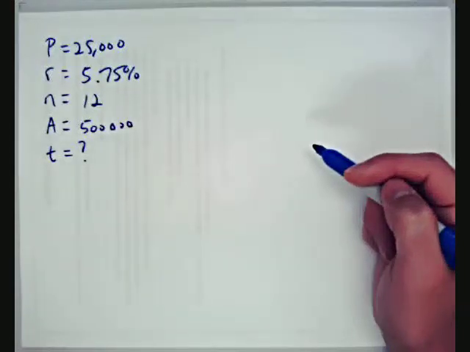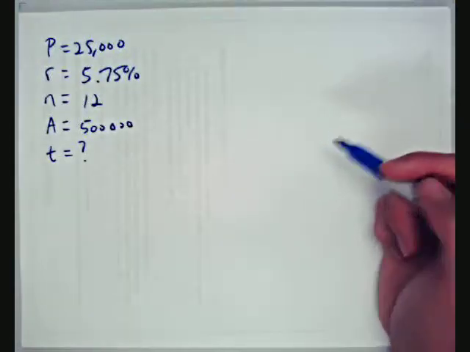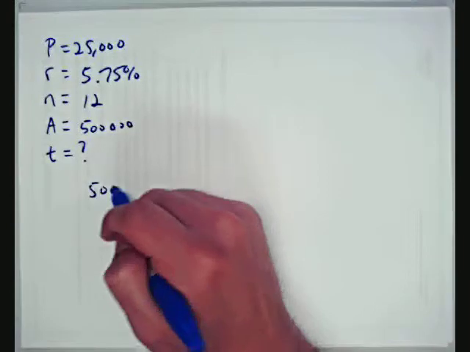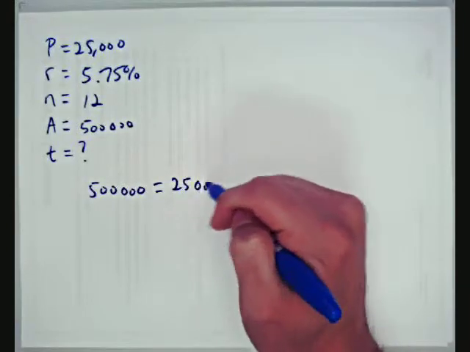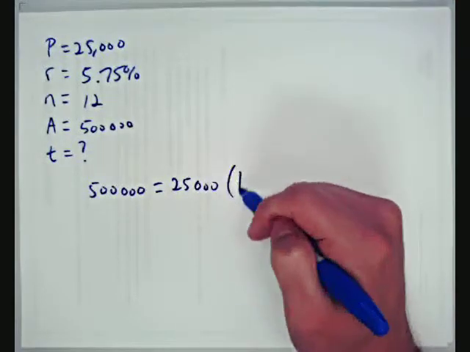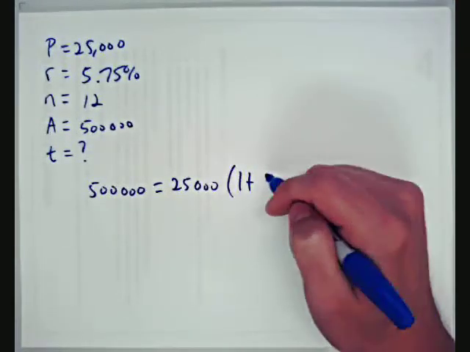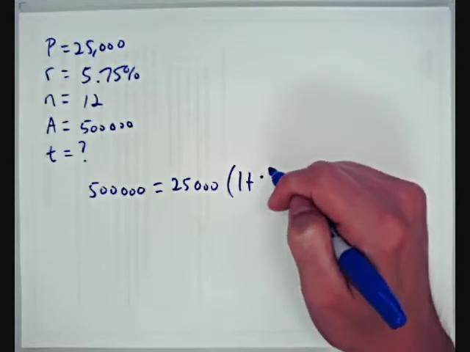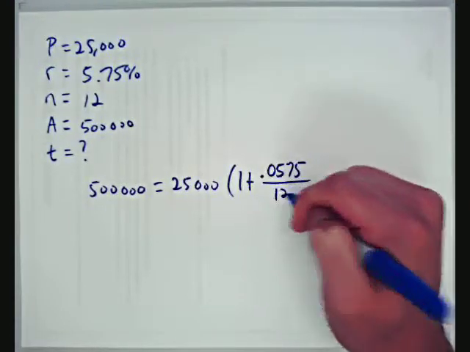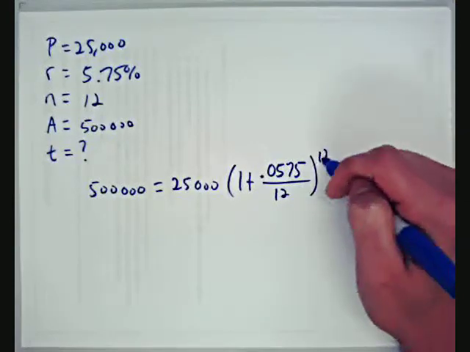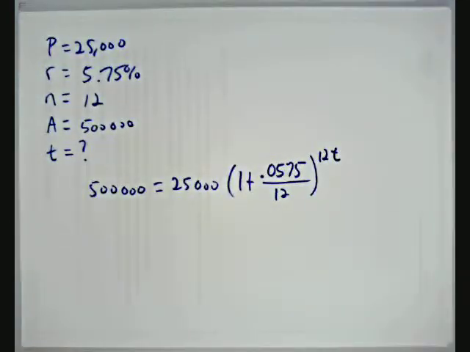So putting this into our compound interest formula that we've worked with previously, we'll have 500,000 equals 25,000 times 1 plus the rate in decimal format, 0.0575, over n, which is 12, to the 12 times t power. So again, our compound interest formula that we worked with in section 4.1.